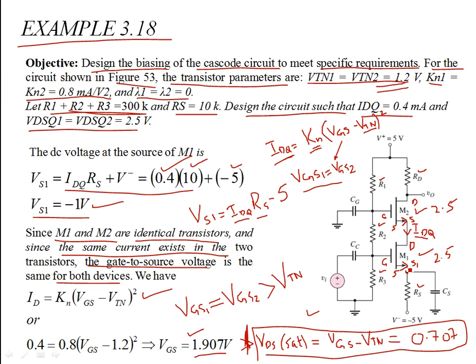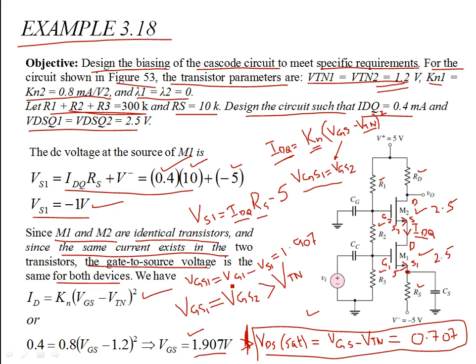Why do we need VS1? Because we need VG1, and similarly we will need VG2, since you can use the voltage divider principle to find those resistances. It's not hard to find that VGS1, the voltage difference VG1 minus VS1, is equal to 1.907.